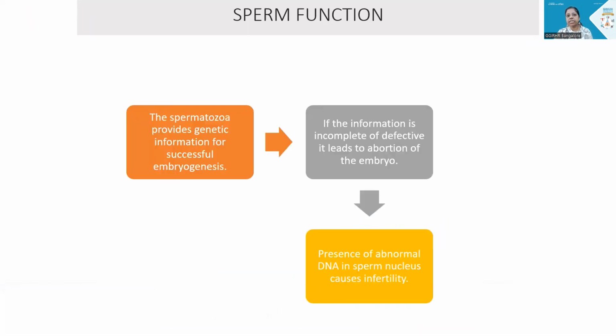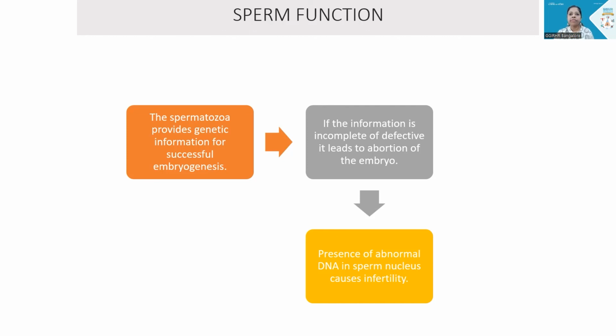The sperm function is that the spermatozoa provide genetic information for successful embryogenesis. If the information is incomplete or defective, it leads to abortion of the embryo. The presence of abnormal DNA in the sperm nucleus causes infertility. Why are we so specific about DNA?